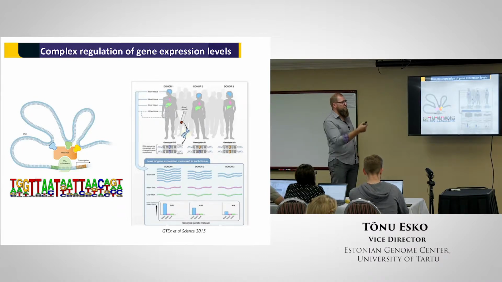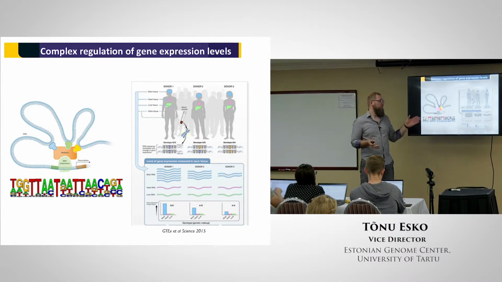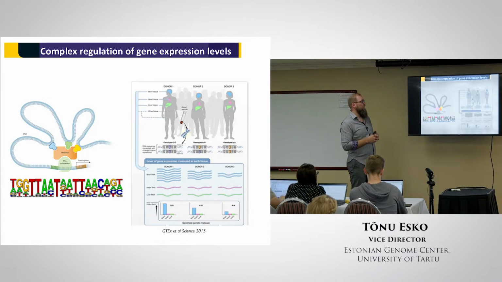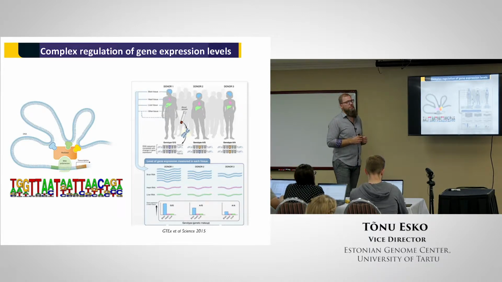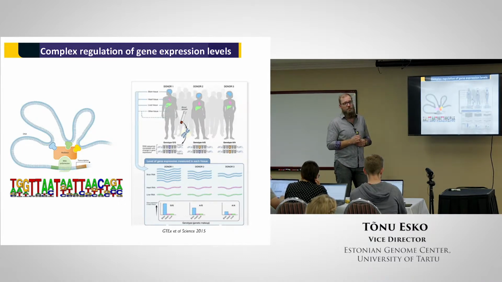And as I mentioned before, gene expression is a very nice proxy to disentangle the causal variants. There is an excellent study, GTEx, where they have, I think now already 1,000 people, with up to 200 tissues with gene expression profiled, and the genetic profiles as well, so they can do a lot of eQTL mapping.